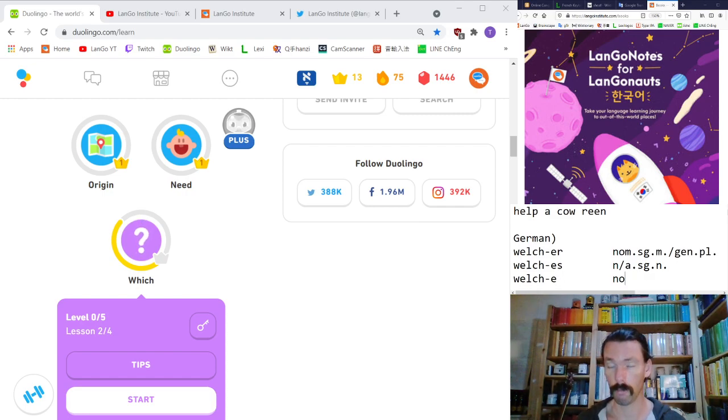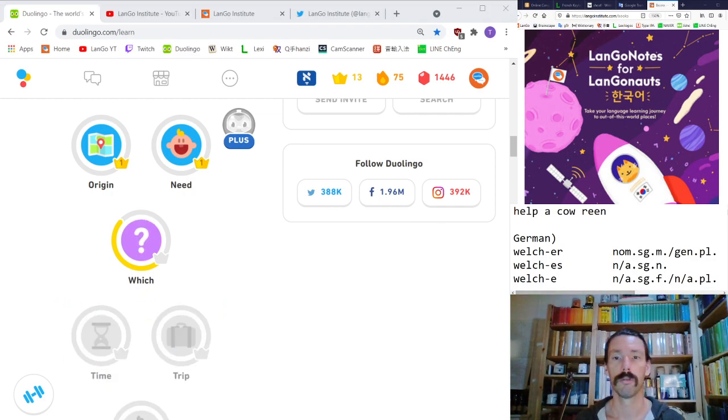So, nom, sing, fem. Nominative, accusative, plural. All those will be welche. Might be leaving out a few. Lots of homophony in those German paradigms.